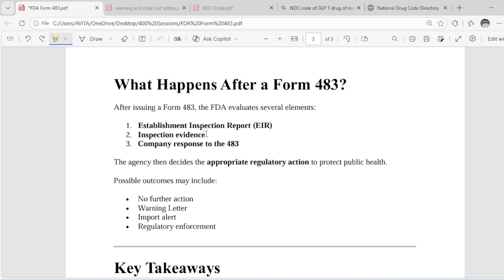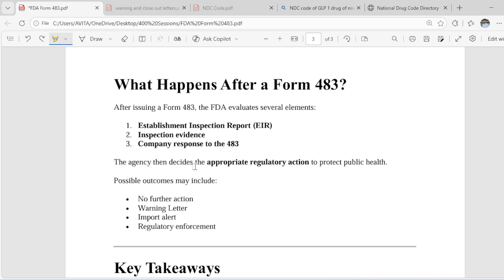So what happens after Form 483? After issuing the Form 483, FDA evaluates several elements. The first element they evaluate is the Establishment Inspection Record, EIR, then the inspection evidence, and the company's response to the Form 483.